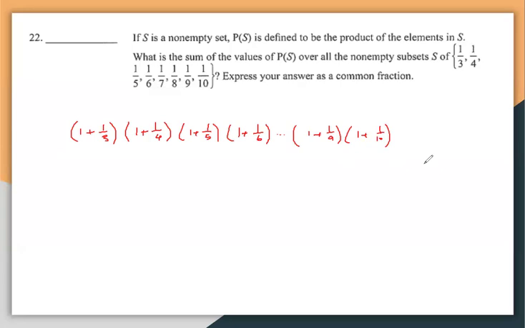Because if you imagine multiplying 1 by 1 and then 1/5, you just get 1/5, which is one of the subsets, with just one element in it. If I multiply 1 by 1/4 by 1/5, you get another subset, combining 1/4 and 1/5.